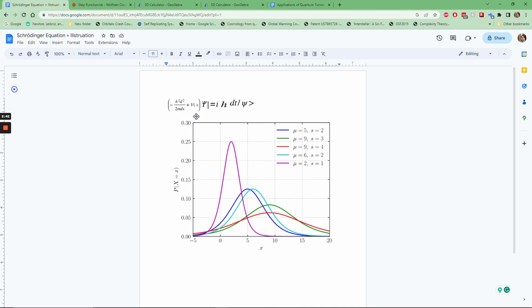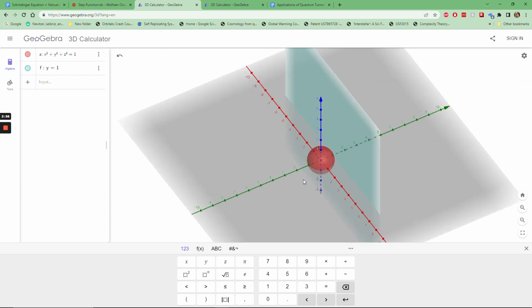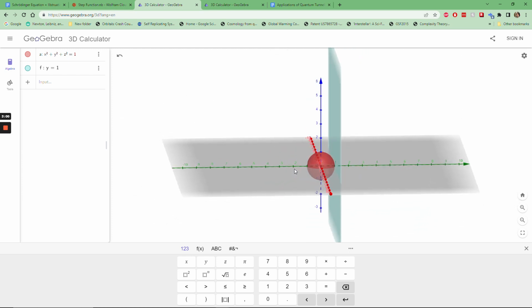Now, the thing you need to know about the quantum tunneling effect is that it's a little bit strange. Let's put it into classical terms. Let's say there's a ball on one side, and there's a wall on the other side. Mind you, I use the word wall somewhat figuratively.